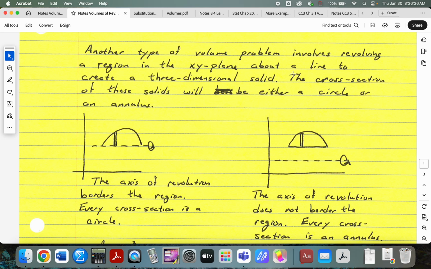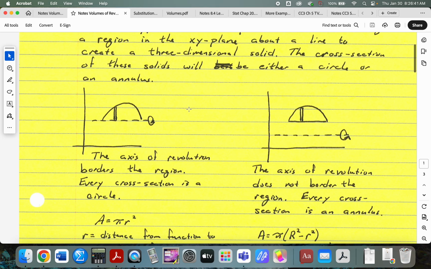So we're going to revolve the region about a line to create a three-dimensional solid. The cross sections of these are either going to be a circle or an annulus. And here are the two different types. If the axis of revolution is one of the borders of your region, then think about it like this, with my pen: my finger is the axis of revolution, and this pen is my cross section.